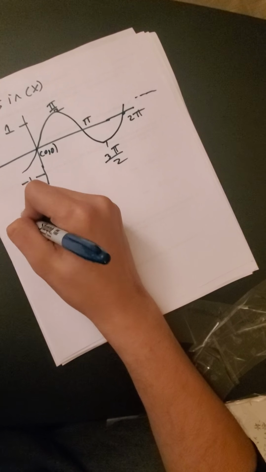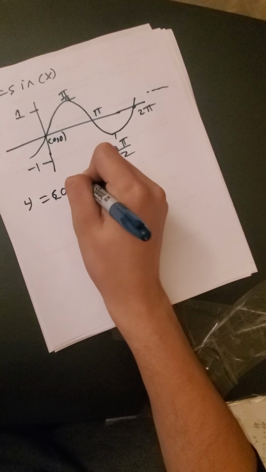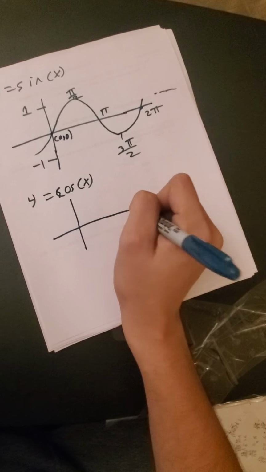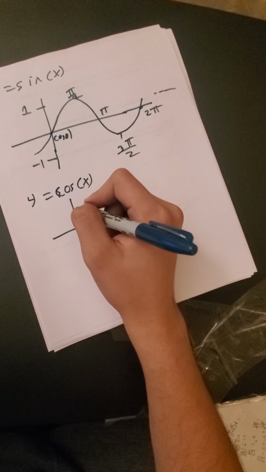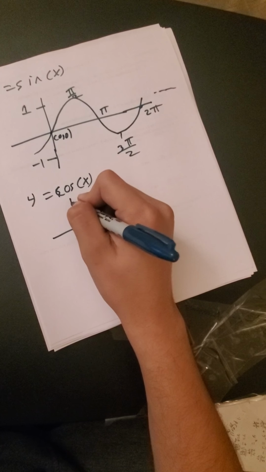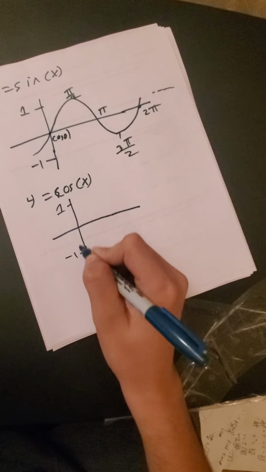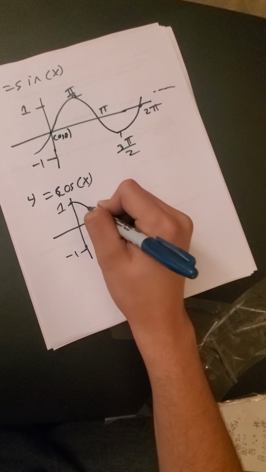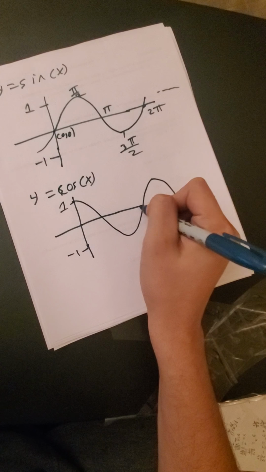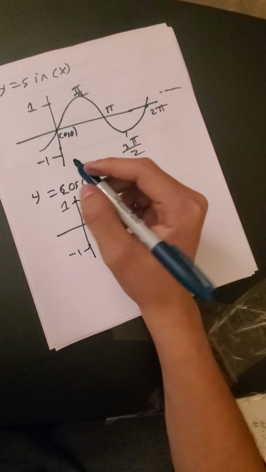And then we need to remember the graph for cosine of x, so y equals cosine of x. It's very similar to the sine function, but instead it starts at 1. It doesn't start from the origin, it starts at 1, but still has the same amplitude of 1, just like sine of x.